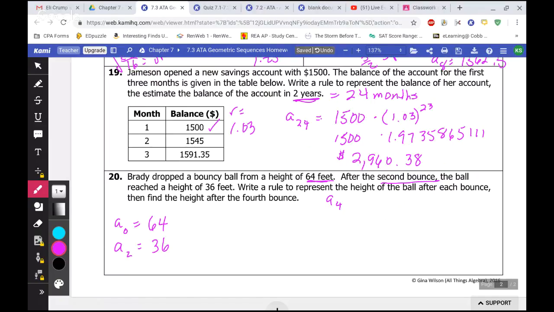So that's not included as a bounce. So that's why it starts at a height of 64. So when it came down and bounced, it came back up to a height of 36. So you've got A. So your formula looks more like this.